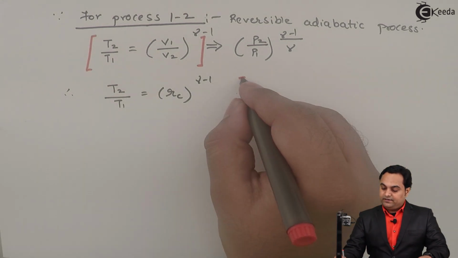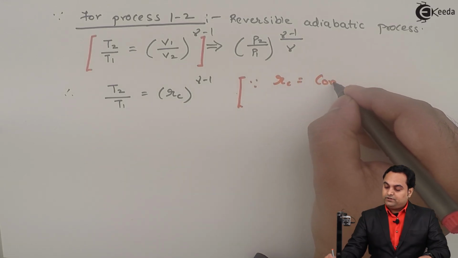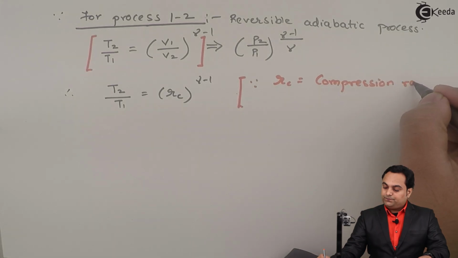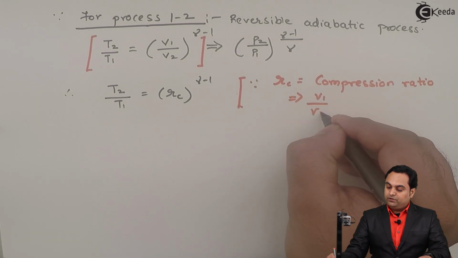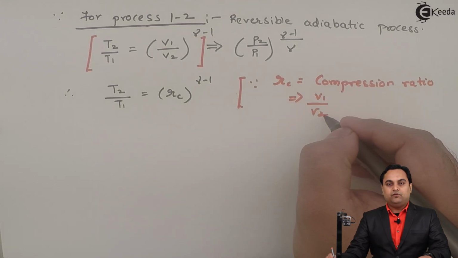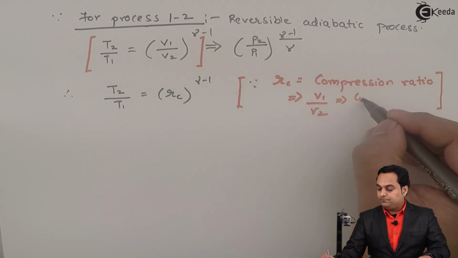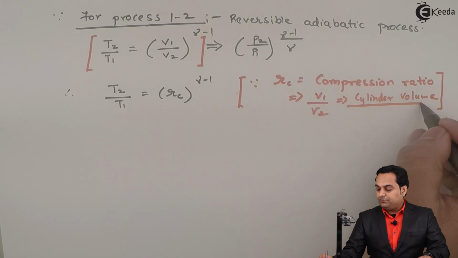The compression ratio is V1 by V2, that is, volume before compression to the volume after compression, also called cylinder volume upon clearance volume.